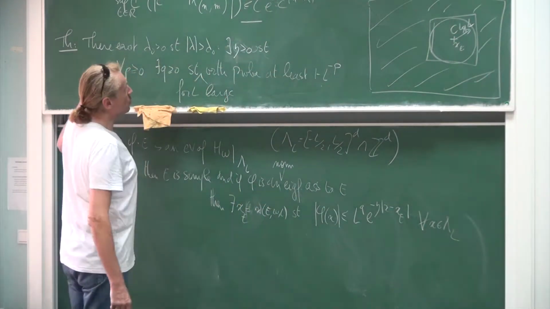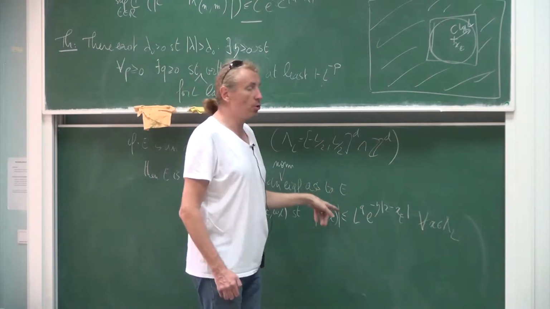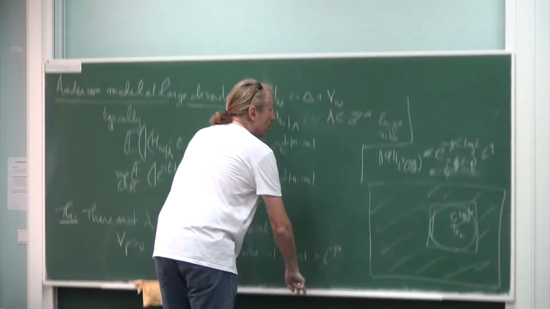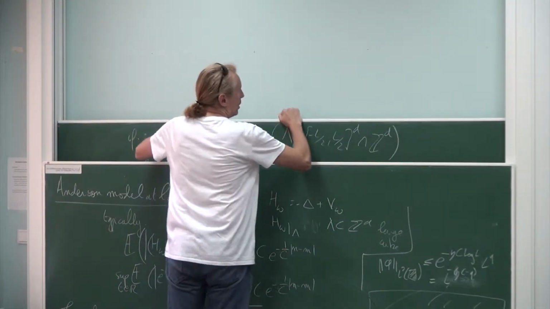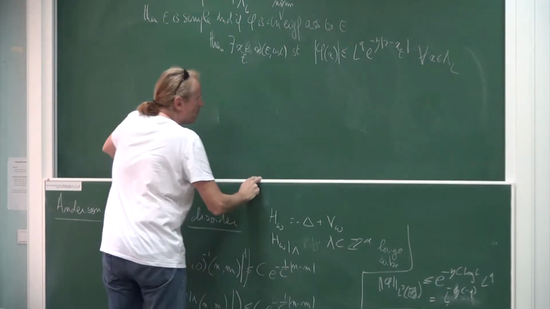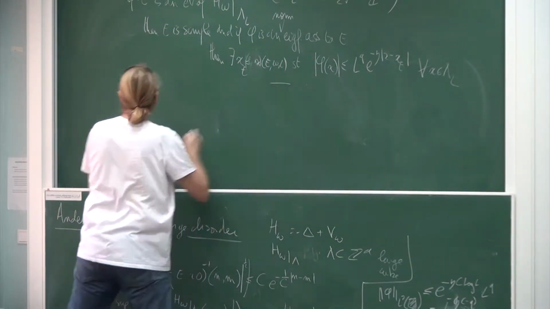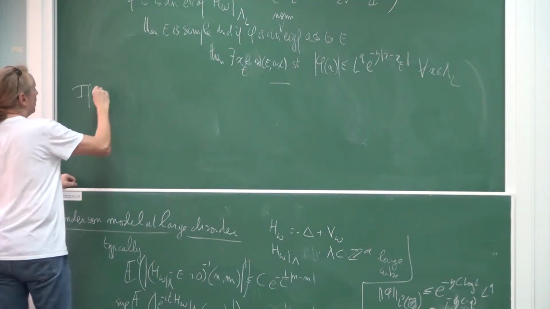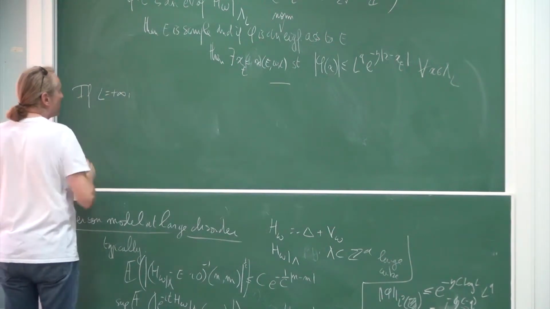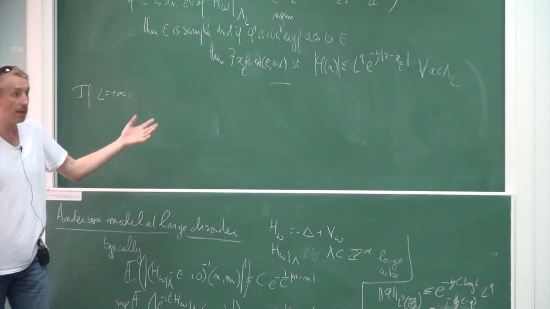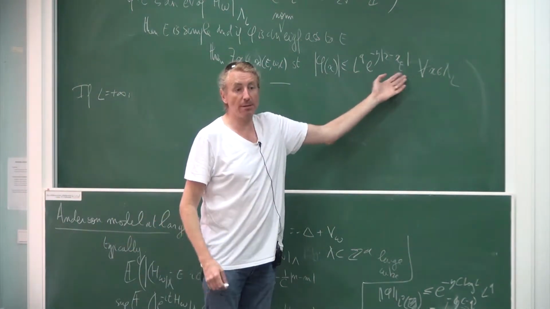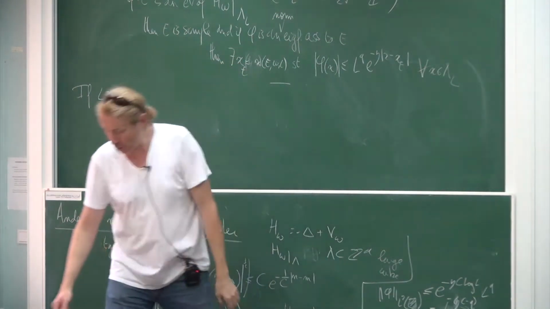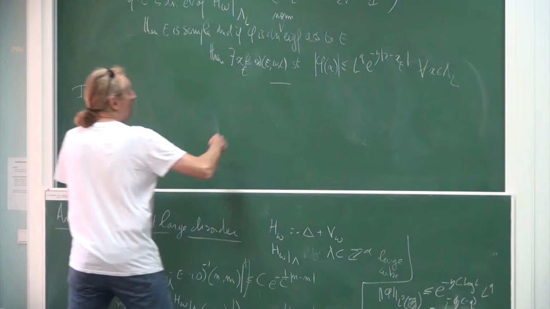So that's the version of the theorem if you work on finite cubes. There is a version, as I will not use it, I will not say much, but you can do the same theorem. If L is plus infinity, meaning if you look at the whole lattice, of course this estimate doesn't tell you anything, because this is finite and this is infinite, so it's obviously going to be verified. But what you can do is the following.